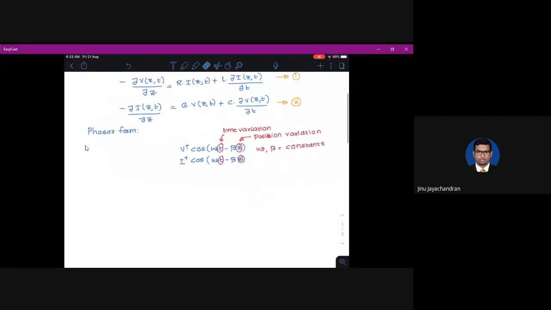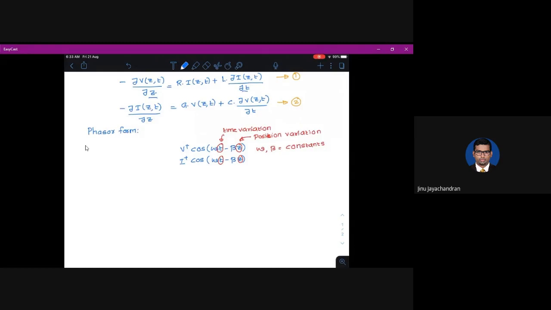So I am going to generalize this in the sense, in both the cases you have a term for time and a term for position. So I'm going to try to split this so that it will be easy for me to do the differentiation, because the differentiation here is with respect to z and with respect to t. So if I can somehow split this, it will be easy to do the differentiation. Okay. So what I'm going to do is this.